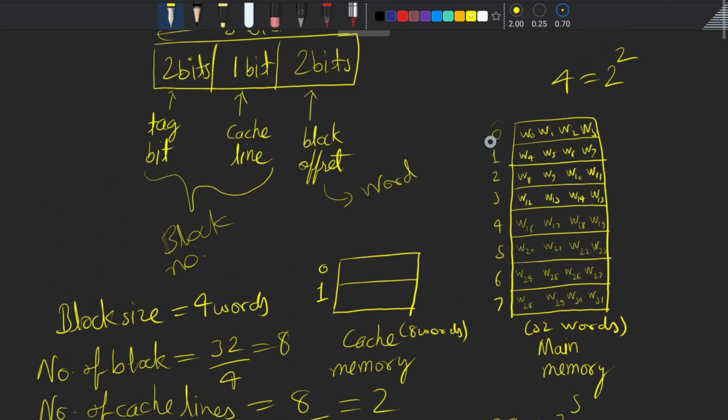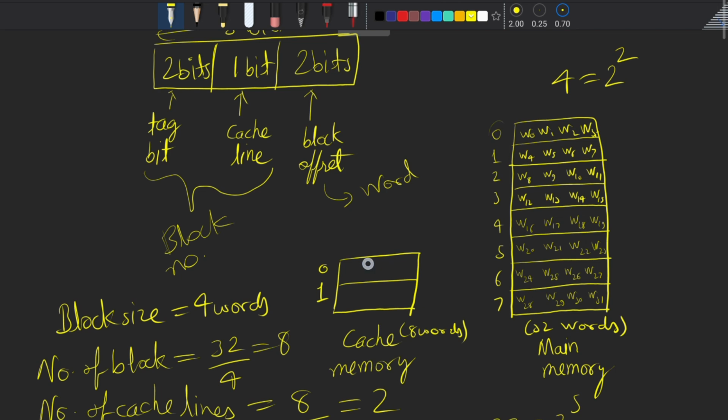So block number 0, block number 2, block number 4, block number 6, all these blocks have to be mapped to cache line 0, but at a time cache line 0 can contain only one block.